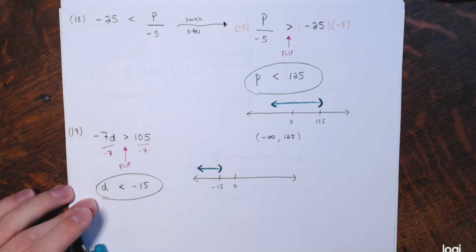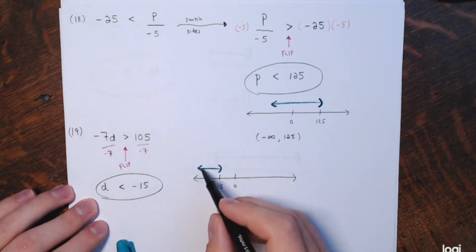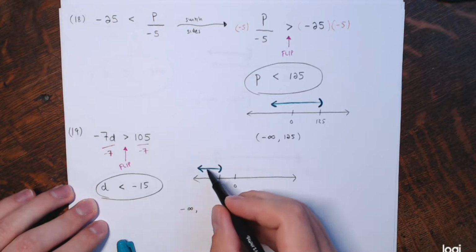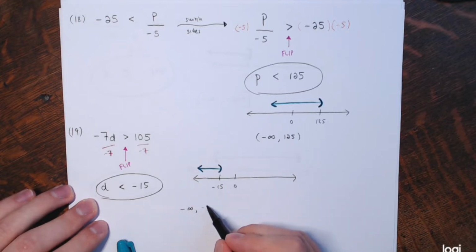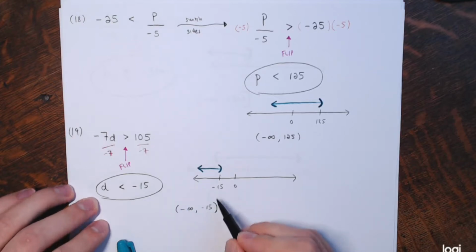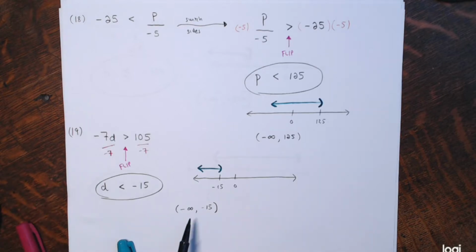Then the interval notation for this, from left to right, you're going from negative infinity, right, because there is no left end on this picture of solutions, up to negative 15, always parentheses on the infinities, and a parenthesis on negative 15, because again, it's not a solution, and there's your interval notation for the solutions to that inequality.